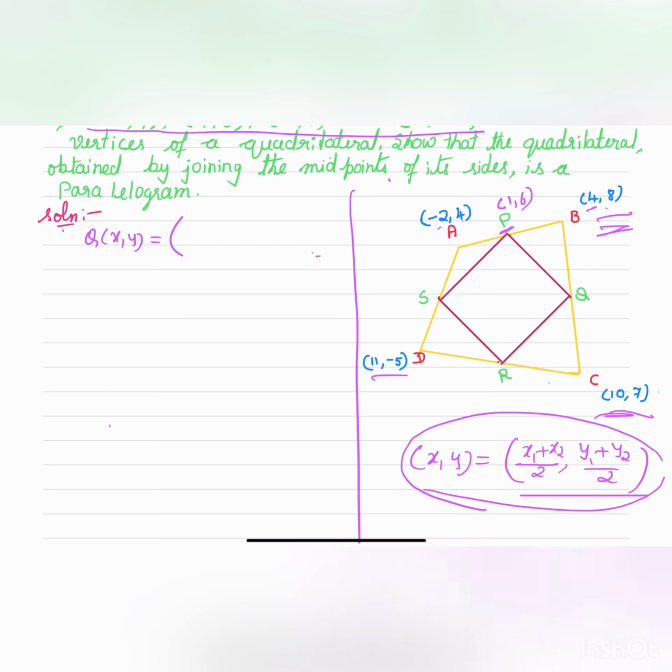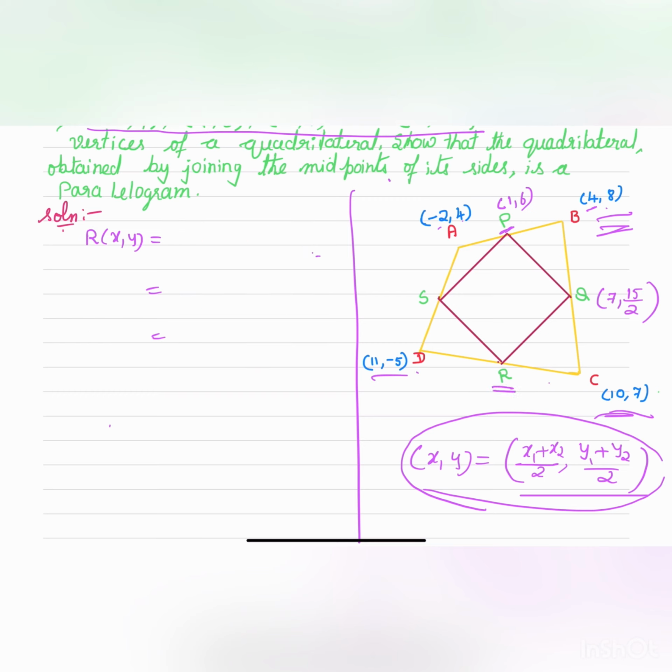Then we are getting ((4 + 10)/2, (8 + 7)/2), and that will be equal to (14/2, 15/2). Further simplifying, (7, 15/2) is the coordinates of Q.